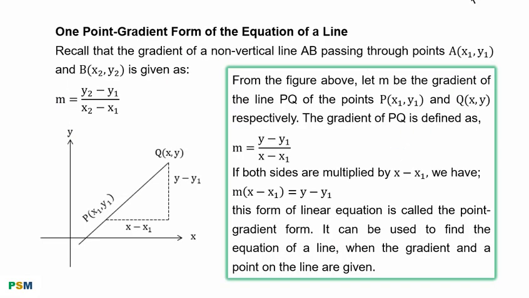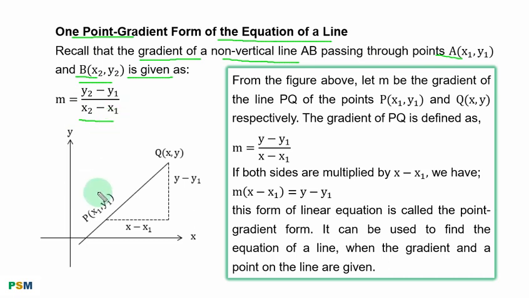The next is the one-point gradient form of the equation of a line. Recall that the gradient of a non-vertical line AB passing through points A and B is given as gradient m equal to change or increase in y over change or increase in x.